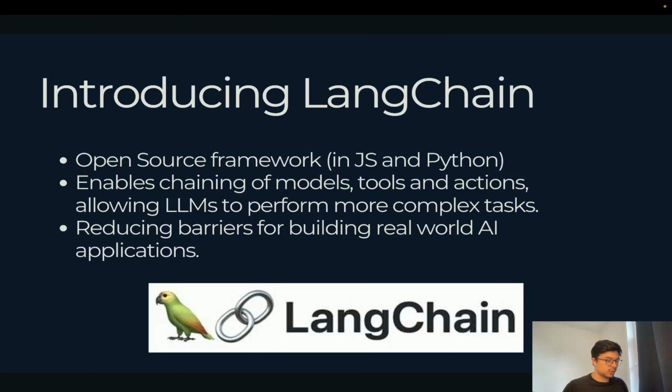And thanks to that, we're able to chain language models together to perform tasks of more complexity, right? And essentially that allows us to build applications that resemble real life things, stuff that happens in real life in businesses, okay? And it has reduced the barriers to do this. So God bless LangChain, definitely.